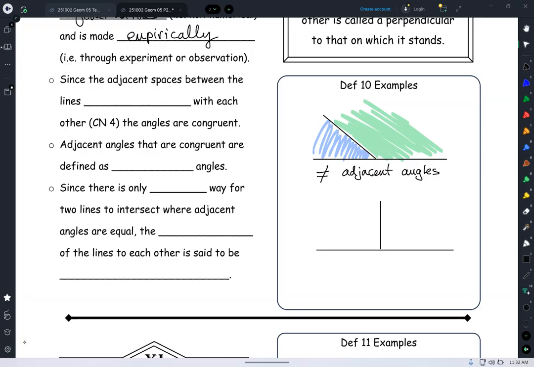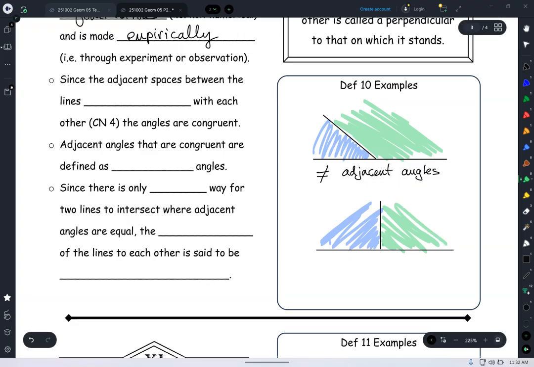Now I'm going to color in the left side blue, and then I'm going to color in the right side green. So, a qualitative empirical assessment.